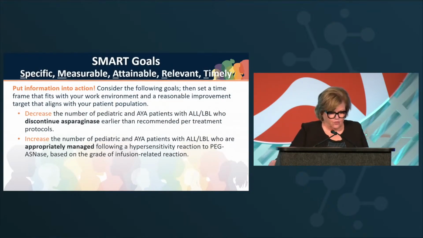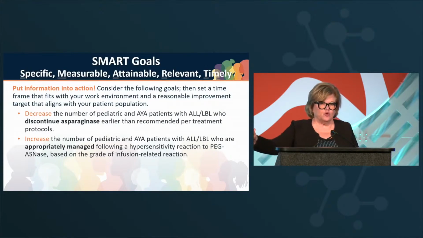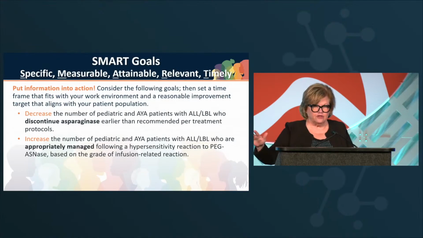So what we want to do in our therapy is put information into action, and our goals would be to decrease the number of pediatric and young adult patients with ALL who discontinue asparaginase. We have to move forward, even through these toxicities of hepatotoxicity, pancreatitis.